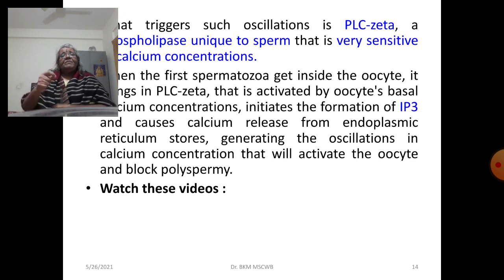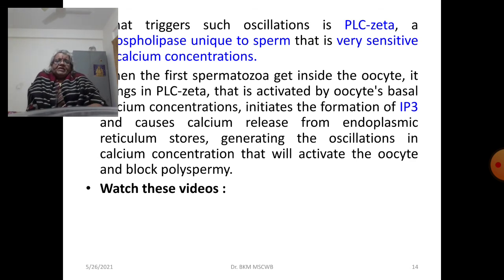The moment the first sperm enters the oocyte, it brings with it PLC zeta, which is activated by basal calcium concentrations, and this initiates the formation of IP3 and causes calcium release from endoplasmic reticulum stores, thus generating the oscillations in calcium concentration that will activate the oocyte and block the polyspermy.